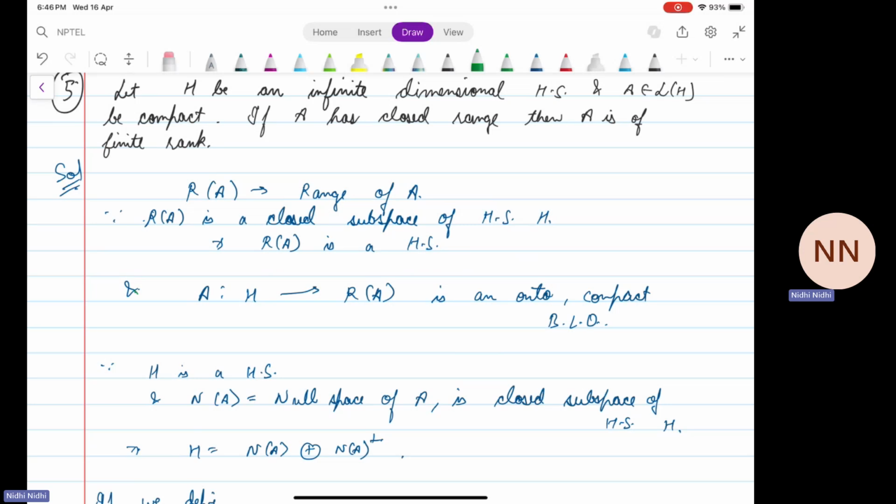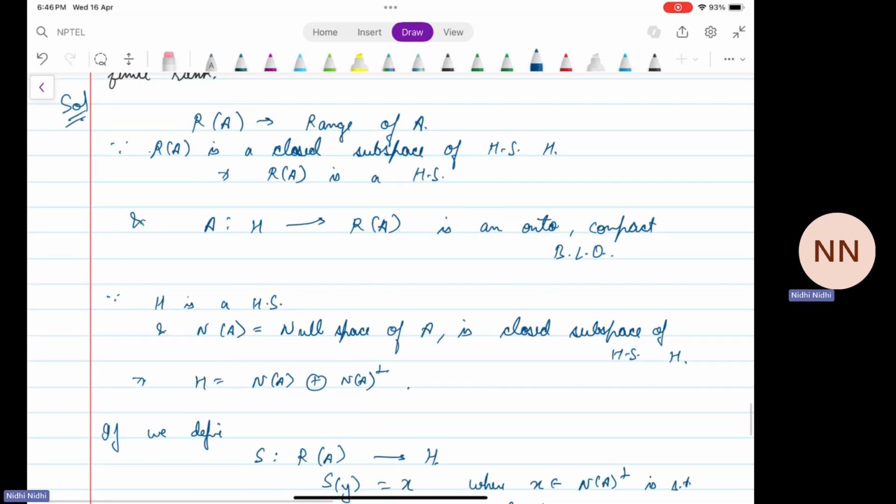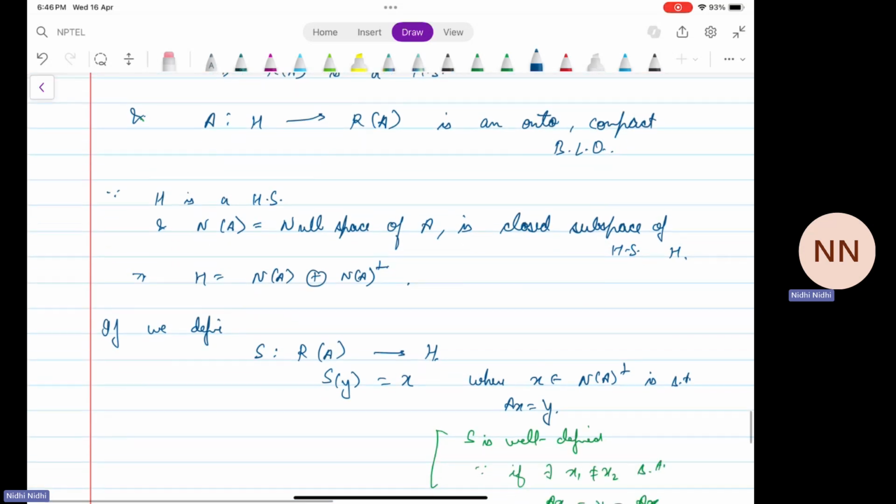And we know that if the kernel of the domain of an operator can be complemented, in that case we can find its right inverse. That right inverse can be given by defining some operator S from Ra to H such that Sy is equal to x.